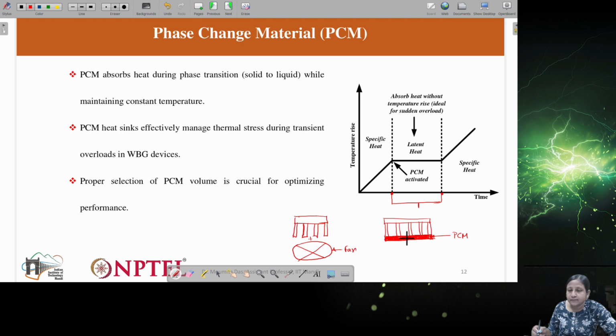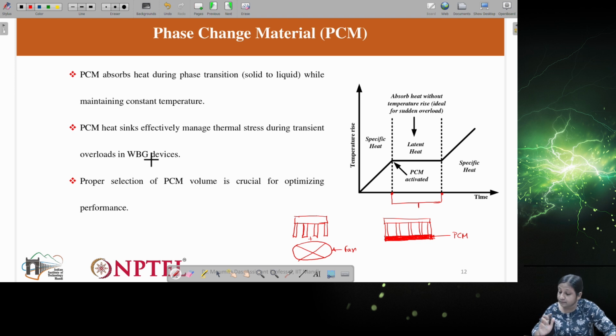So this is the property which we are including along with the passive heat sink. PCM heat sinks effectively manage thermal stress during transient overload in wide bandgap devices. Transient overload is for a very short time. As I have already told in the previous slide, in the transient time also the temperature will rise for a very short time.